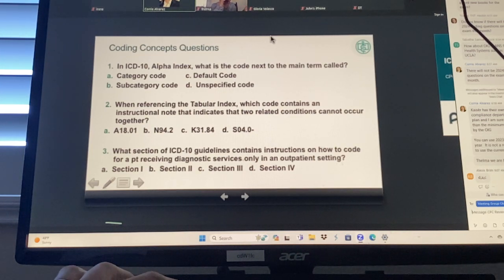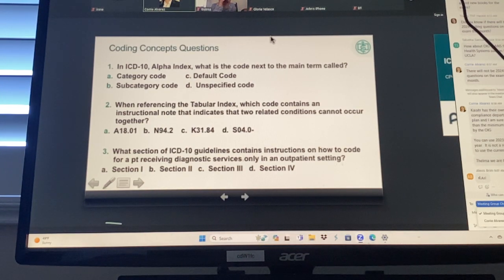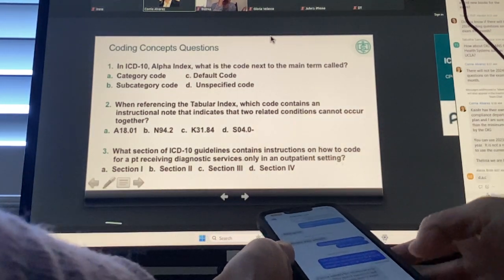So I just go through and highlight where it says chapter 1, then chapter 2, chapter 3, and chapter 4. And that way I can get to the chapter as quickly as possible if I have to look up a guideline.